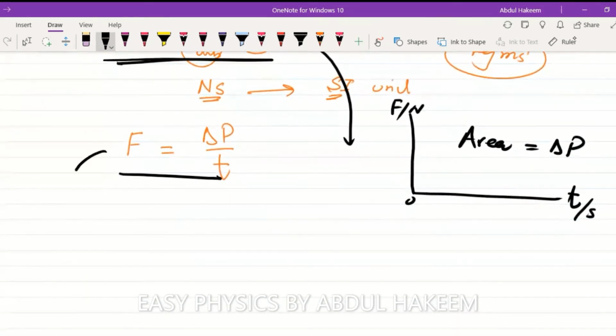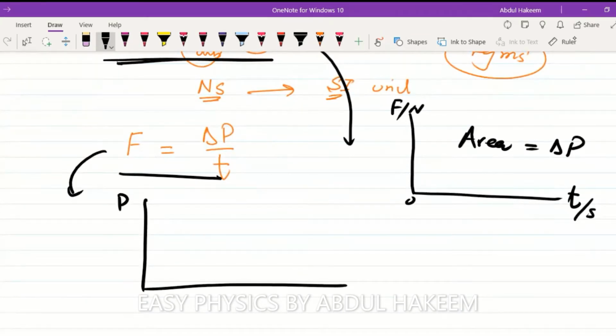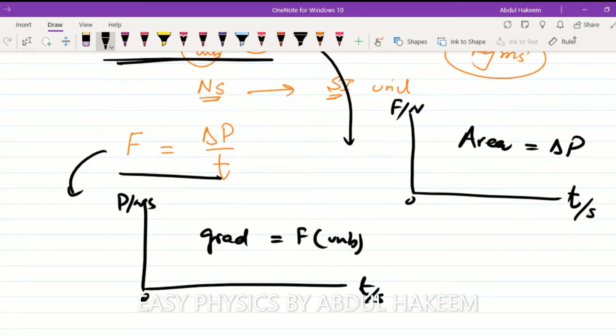And from this graph, if the momentum is plotted on the y-axis and time on the x-axis, then the gradient of the graph is a force, but which force? The unbalanced force, which produces the acceleration.